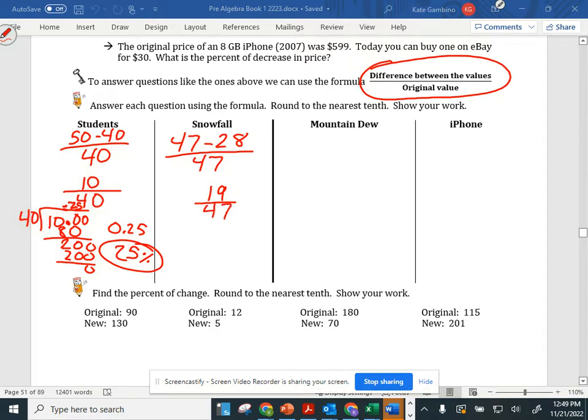So now I have to do the math. I have to say, okay, 19 divided by 47. I know I'm going to end up with percentages, so I'm gonna have to put that decimal in there. So I'm gonna try it by 4. 4 times 7 is 28. 4 times 4 is 16, plus that 2, 18.